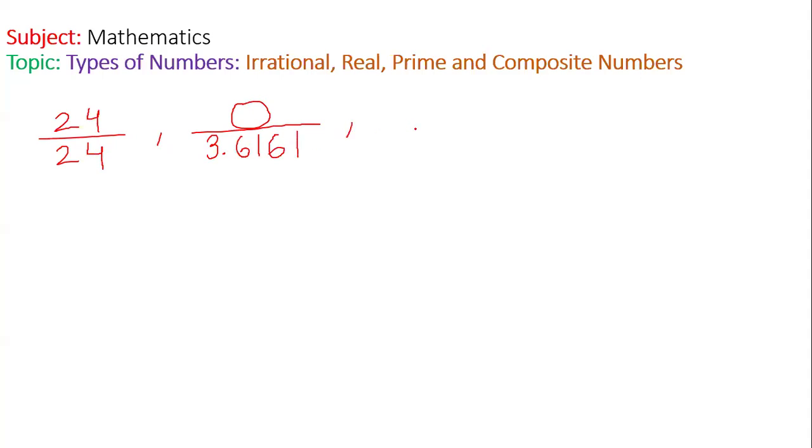I have the square root of 2, and I have 8.66666, continuing on forever. We're going to call this one A, this one B, this one C, and this one D.